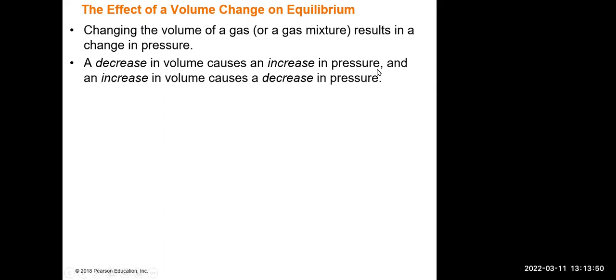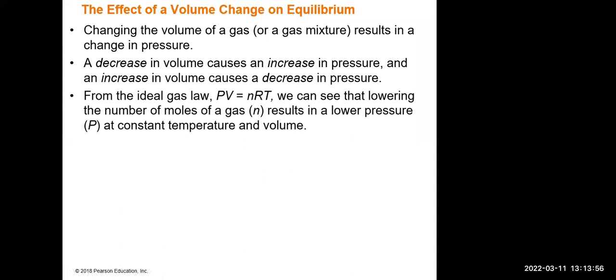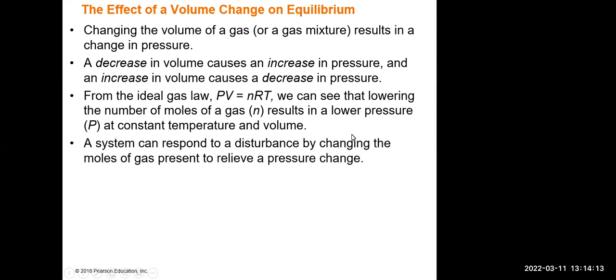This is Boyle's law, and an increase in volume causes a decrease in pressure. From the ideal gas law, we know PV equals nRT. We can see that lowering the number of moles of gas results in a lower pressure at constant temperature and volume. So therefore, a system can respond to a disturbance by changing the moles of gas present to relieve the pressure change.